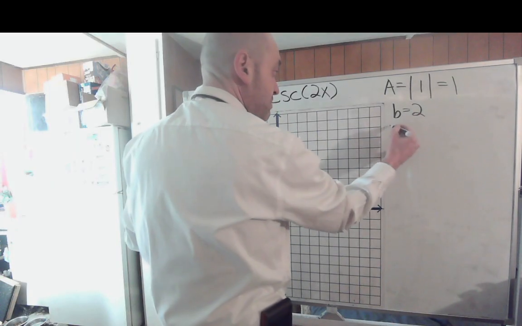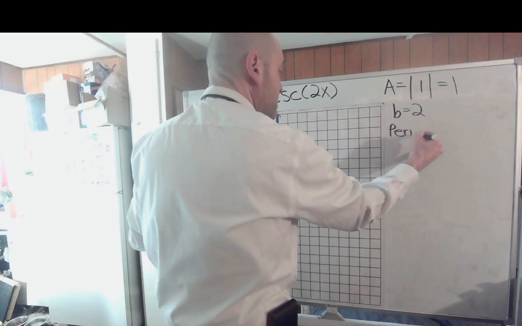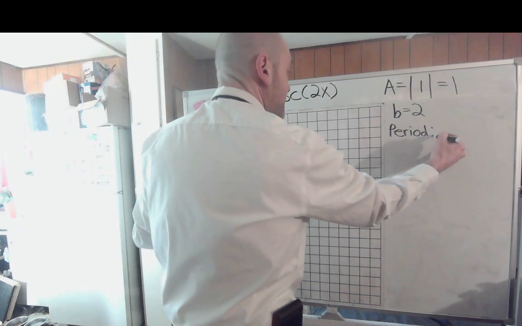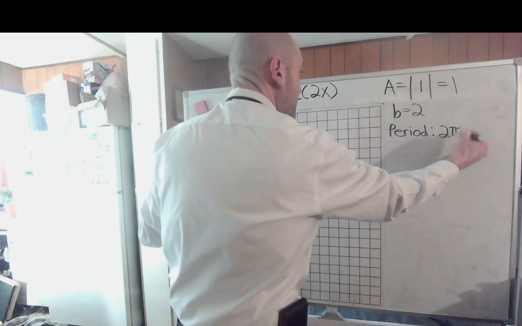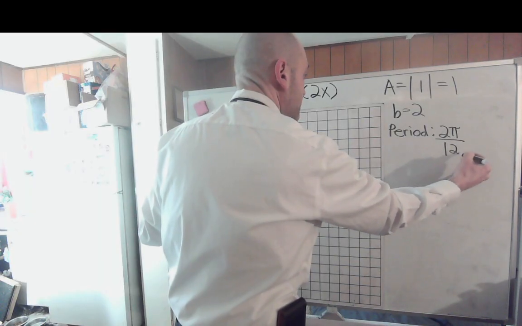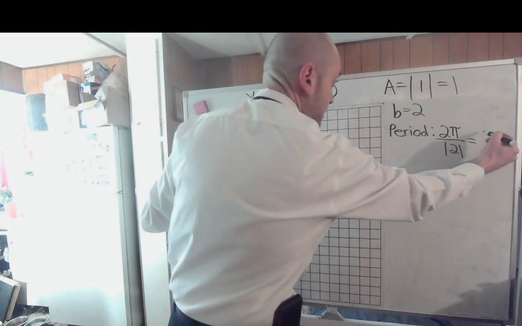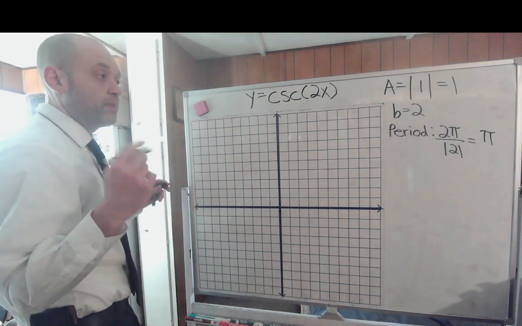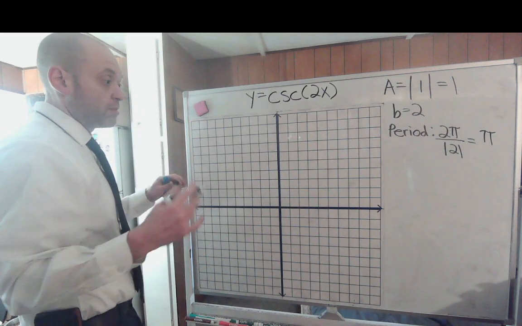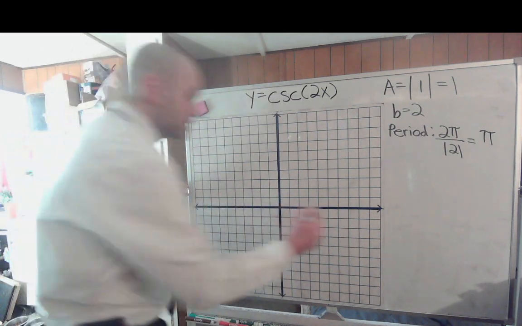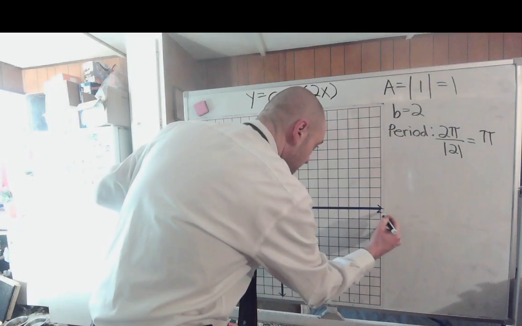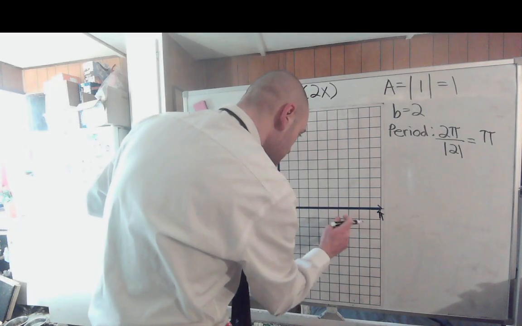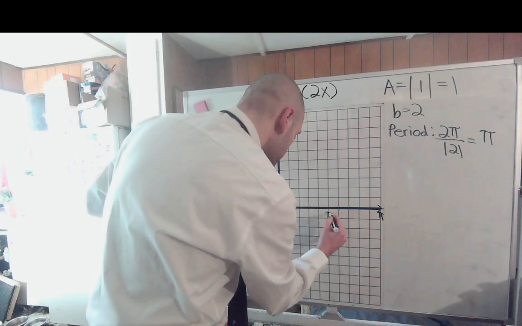So that means to find my period, take that 2 pi, divide it by the absolute value of 2, and you would get a period of pi. So the period in this case is going to be pi. Now we know our period, let's go ahead and label everything. So you'll have pi. Here's pi over 2.